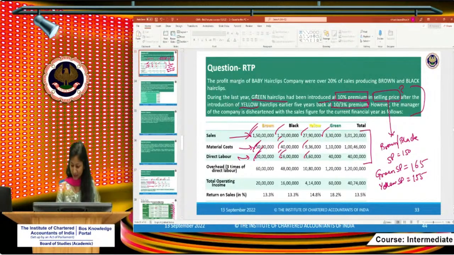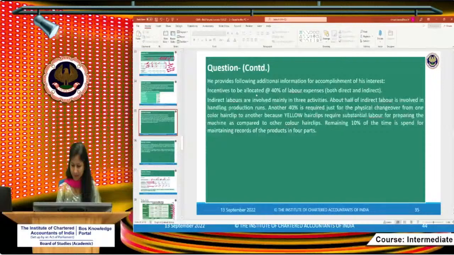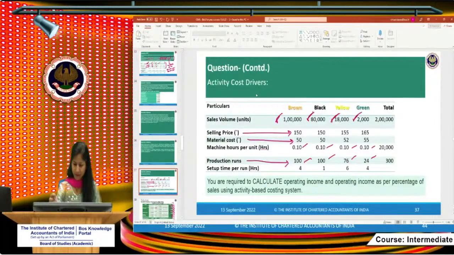You can check it yourself. Look, brown 150, black 150, yellow 155 and green is 165. So this was already taken care of. That's why you did not use that para. Otherwise you would have used that para. Okay? Good question by the way.